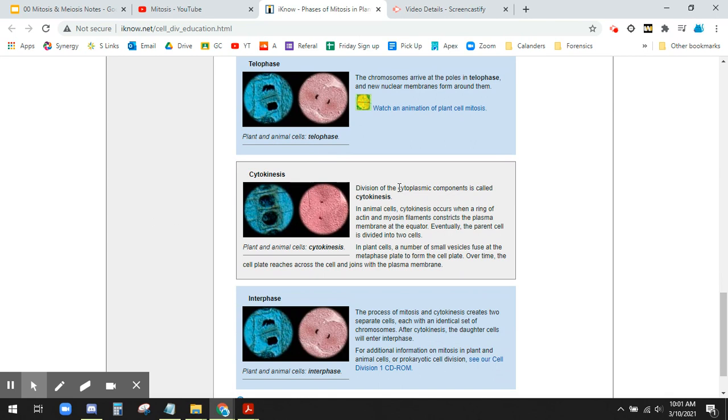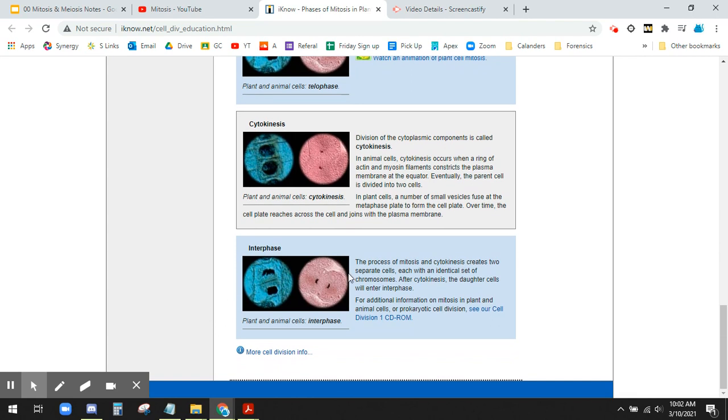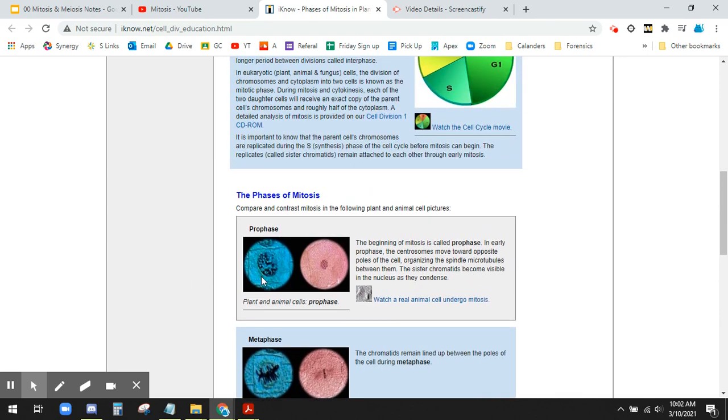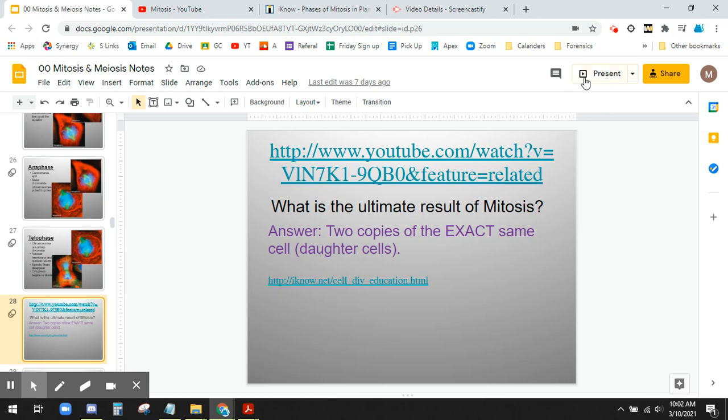And then after we have mitosis, we have cytokinesis, which is our actual separation of the 2 cells from each other. And then it shows at the end here interphase. So when we go into the growth phase. Okay, so if you need to see those in a different way other than what's on my slides, they're here for you. Okay.